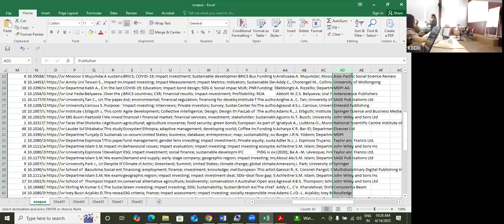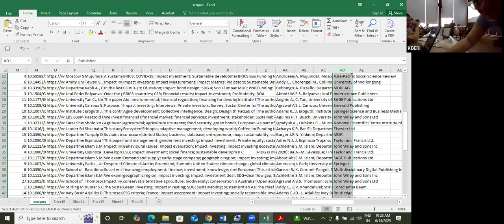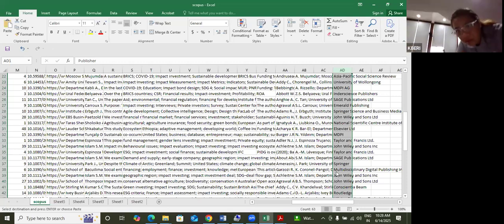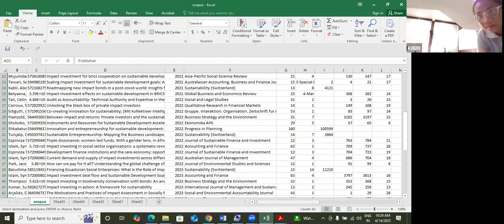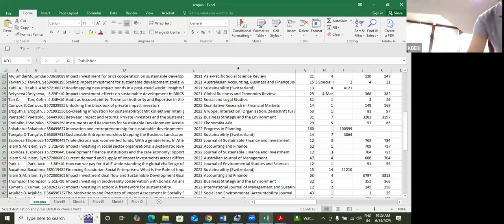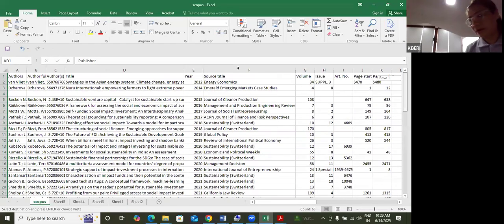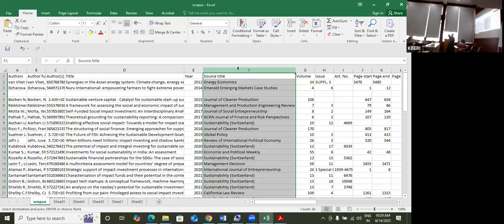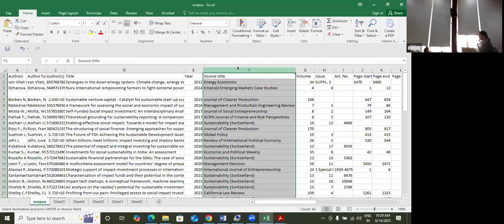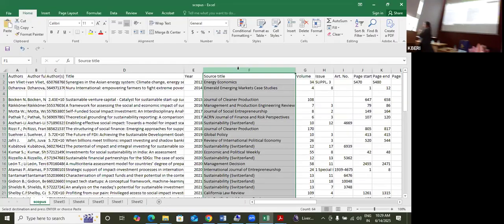Is that clear? So how do you delete those? How do you come to know there is a duplication? This is the title. You can see source title. You put all the papers from one database. Just have a look at this.